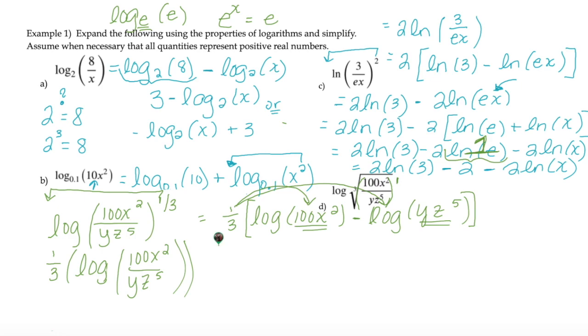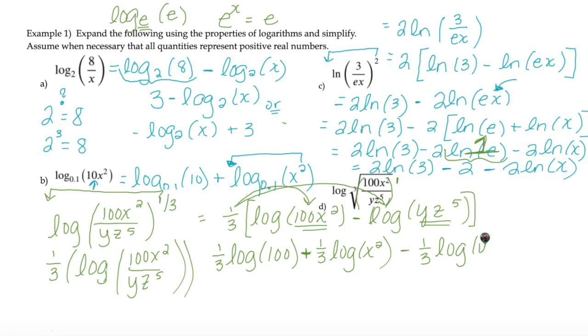I'm going to treat this then as 1/3 times log of 100 plus 1/3 times log of x squared, then minus 1/3 log of y minus 1/3 log of z to the 5th.